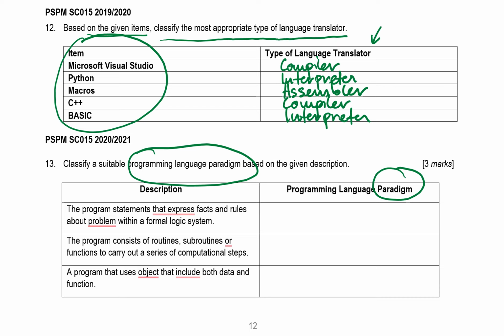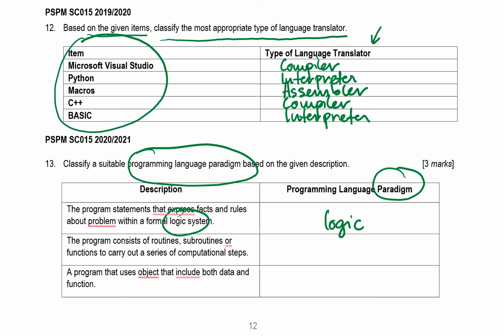The first one: the program statements that express facts and rules about a problem within a formal logic system. Of course this one is the logic programming language paradigm.